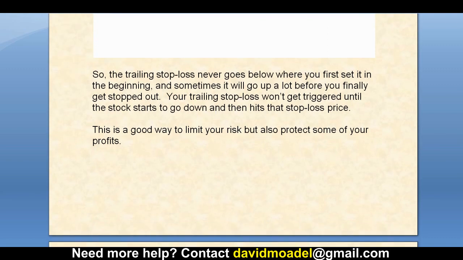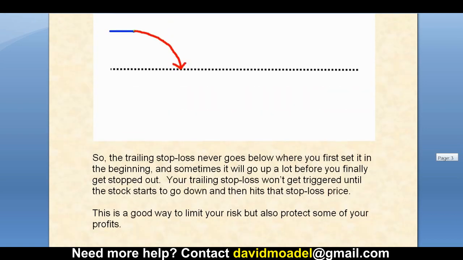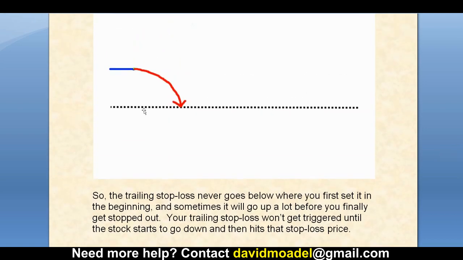But the trailing stop loss never goes below where you first set it in the beginning. All right, if you set your trailing stop loss here, initially it'll never go below that. And sometimes it will go up a lot before you finally get stopped out. Your trailing stop loss won't get triggered until the stock starts to go down and then hits that stop loss price.